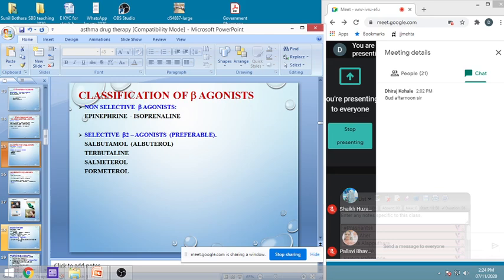We have seen the difference in the effects of epinephrine, norepinephrine and isoprenaline on the cardiovascular system when we studied ANS. Isoprenaline causes beta-1 and beta-2 actions and no alpha action, while norepinephrine causes alpha actions also.